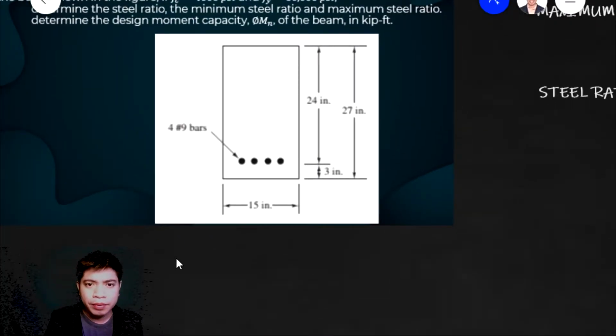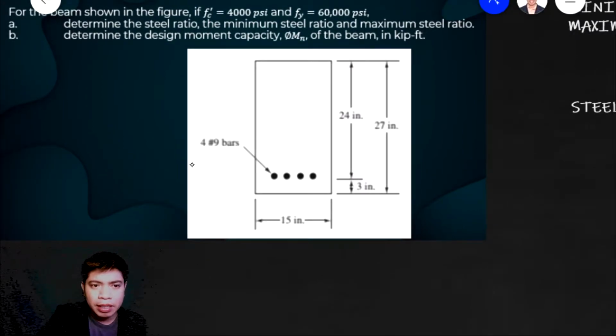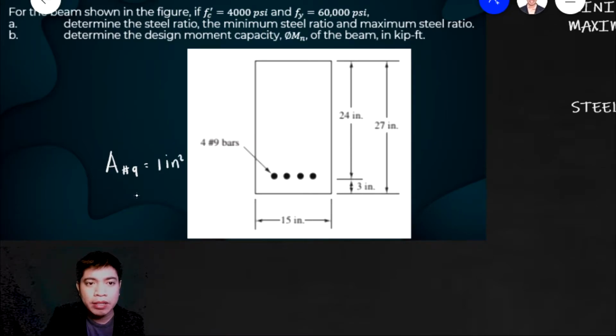And we know na, di ba nga guys, kung naalala nyo yung bars, yung number 9 bar ay sinusunod niya yung area ng isang square bar na 1 by 1 inch. So ibig sabihin, yung ating area ng isang number 9 bar ay 1 square inch.